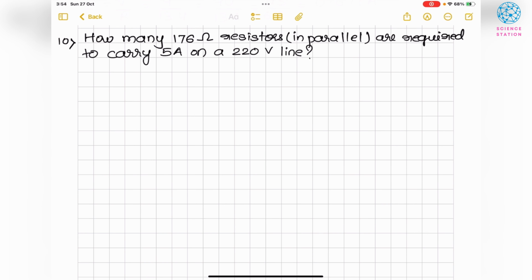Now 10th numerical says how many 176 ohm resistors in parallel are required to carry 5 ampere on a 220 volt line. So here I is 5 ampere, V is 220 volt, and number of resistors I have to find.